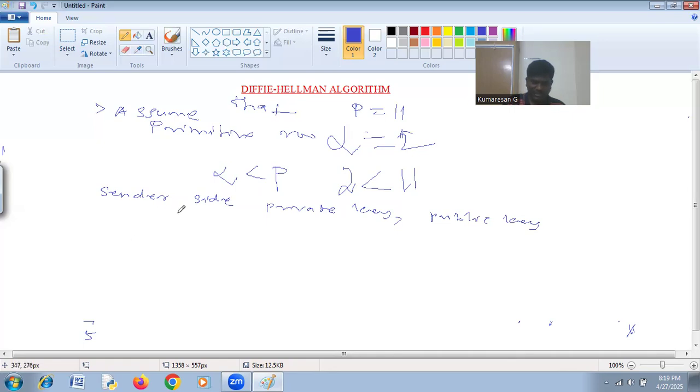Let us assume the sender is user A. The user private key must be less than the prime number. Let us assume the user A private key is 4. The sender A private key is 4.